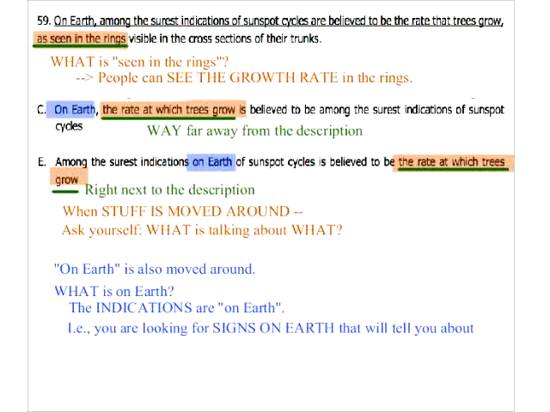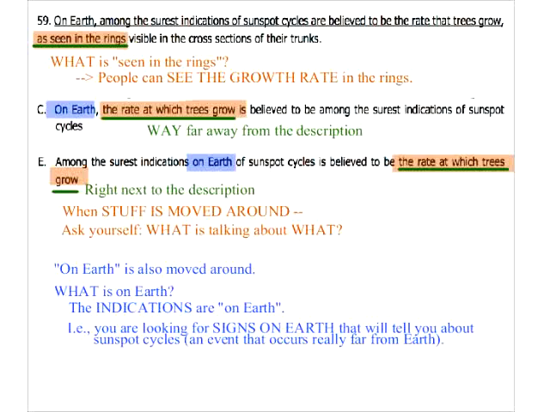But you're looking for signs that are on Earth, even though you're trying to investigate an event that is really far away from Earth. And when you first read the sentence, you should get that meaning. It should be the only goal of reading the sentence in the first place is to establish this kind of thing. So it's really important that you do. It's to figure out what the heck am I even talking about in the first place.